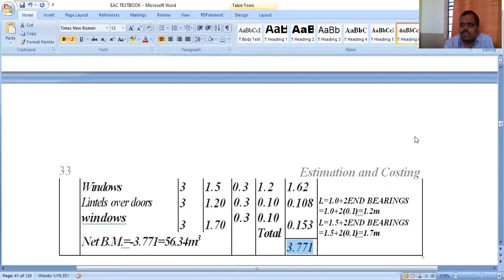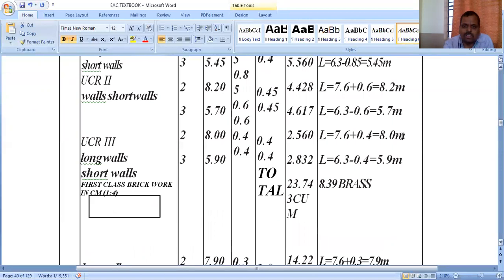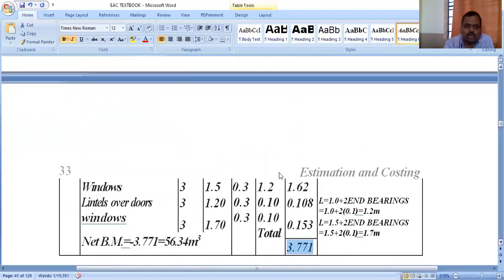So how to calculate the actual quantity of brickwork? The brickwork which you have calculated above, you have to deduct 3.771. So net brickwork or the net brick masonry will be equal to how much? We have calculated the total brickwork as 23.743 cubic meter. Now just write here 23.743 cubic meter minus this addition of all the net deductions. The addition is 3.771 cubic meter.